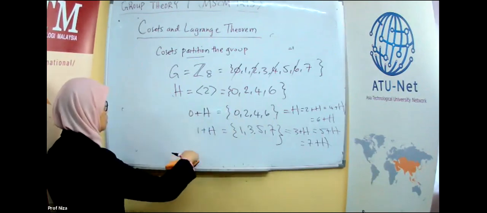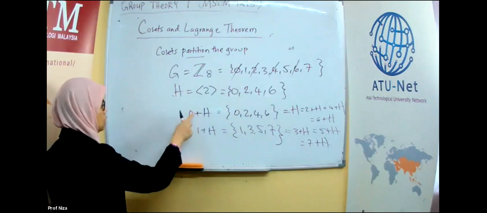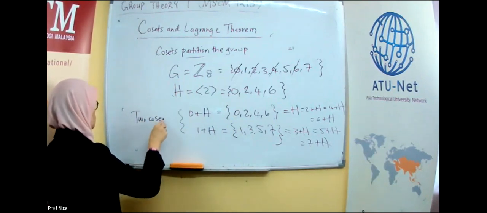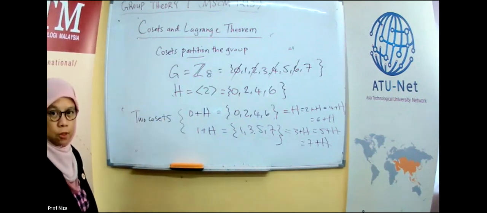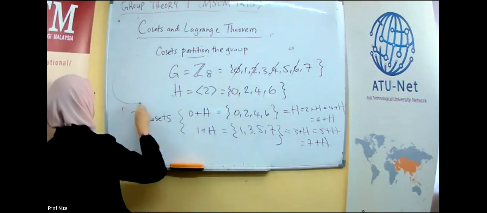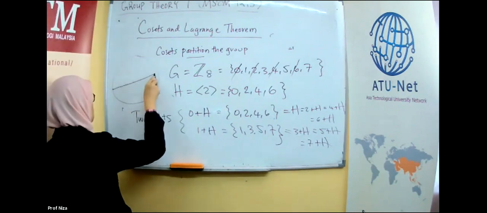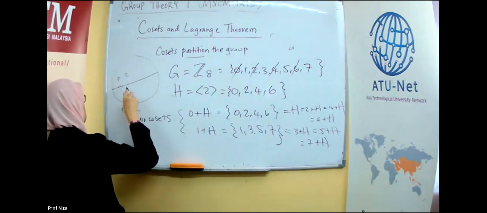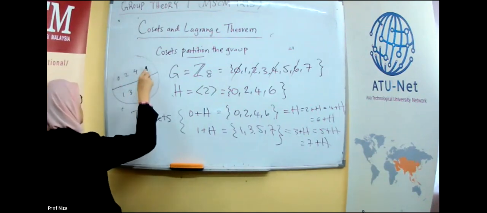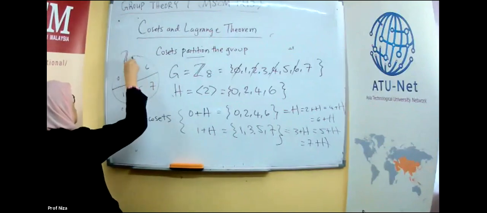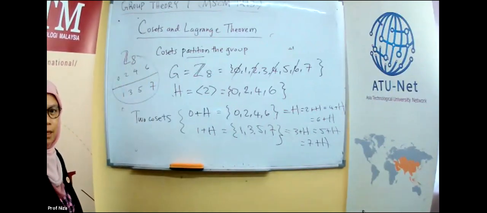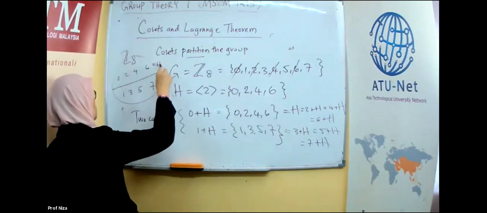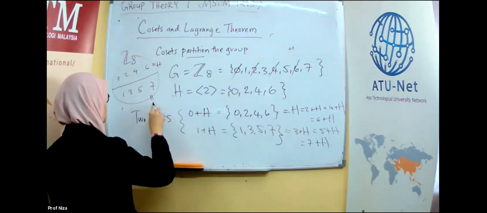Meaning this group with this subgroup has only two cosets. The cake is divided into two. This is Z8. This is the first coset, with the subgroup H. This is the second coset.